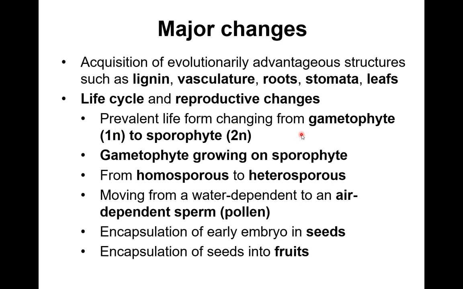What you're used to seeing as moss is nothing else than the gametophyte, the haploid form. And how with time the sporophyte becomes more and more prevalent, to the point where, when you look at conifers or flowering plants, that's what you usually see. You don't see the gametophyte unless you carefully look within the sporophyte.